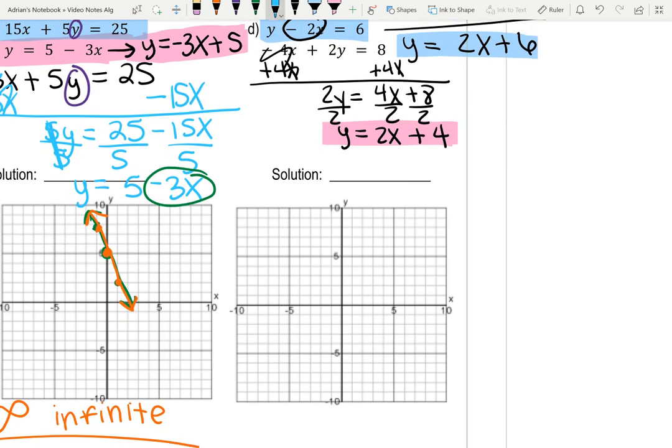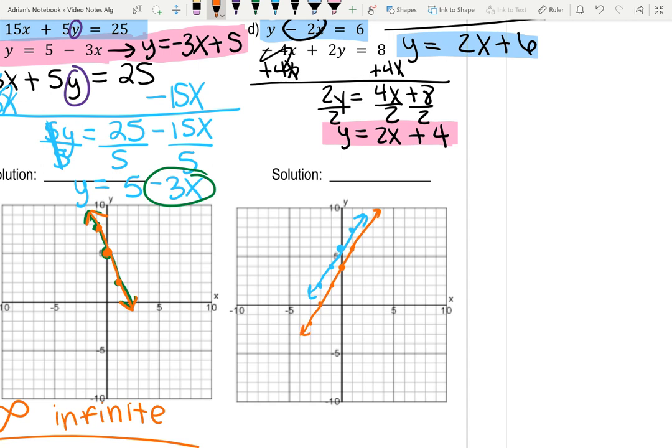So I'm going to start with my first one. I'll start up at 6, up 2 over 1, then I'll make my second line. This time it starts at 4, up 2 over 1 again. Now, if you notice here, they have the same slope.